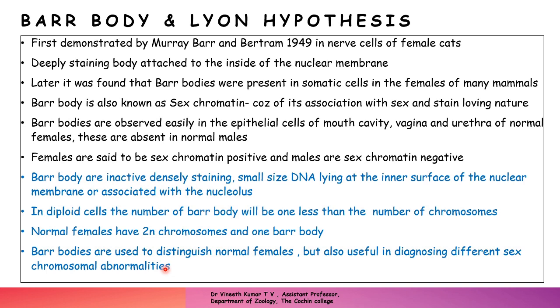Even though that individual has male sex organs, because of the presence of the extra bar body, he will show some inclination towards femaleness. That's why it is called a syndrome, and mostly they are sterile because of this condensed X chromosome. Such cases can be identified.